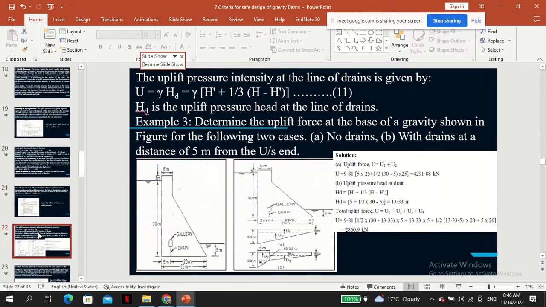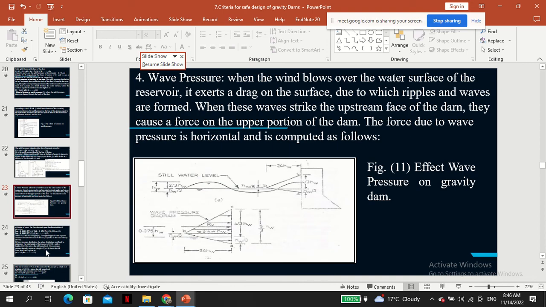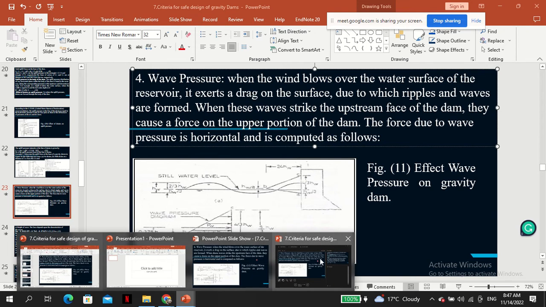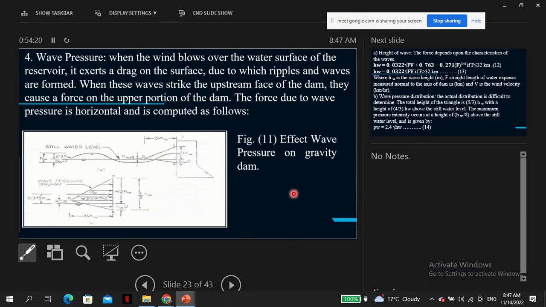Let's see, where is that? The wave pressure is horizontal, of course, and is computed.